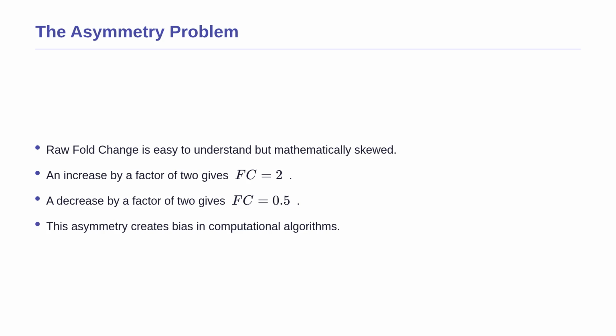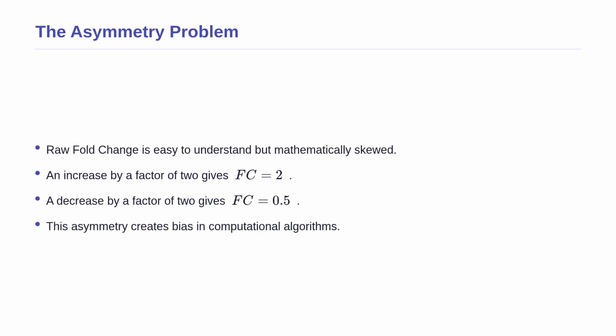While that raw fold change of 8 was easy to calculate and understand, it creates a major problem for computers. Let us look at why. The raw fold change is mathematically skewed. For instance, an increase in gene expression by a factor of 2 gives a fold change of 2. However, a decrease by a factor of 2 gives a fold change of 0.5.